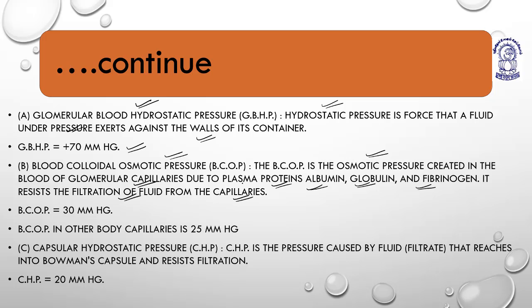These proteins, as part of the blood flow stream, create a resistance against the leakage of the non-colloidal part, that is the urea and everything. It is around 30 millimeters of mercury.